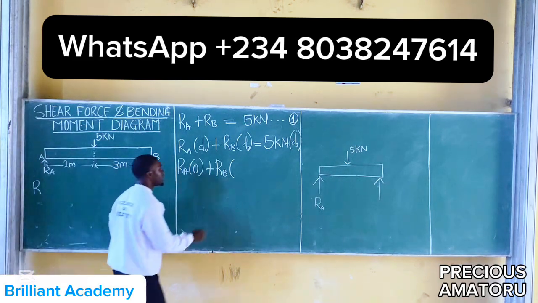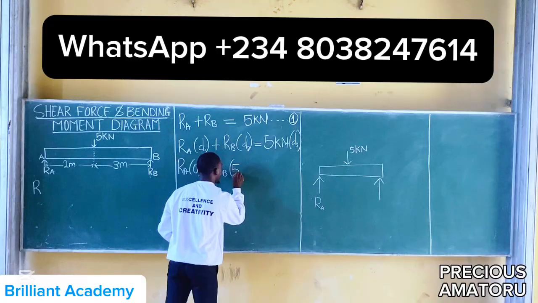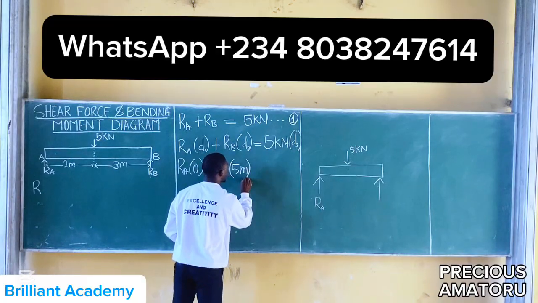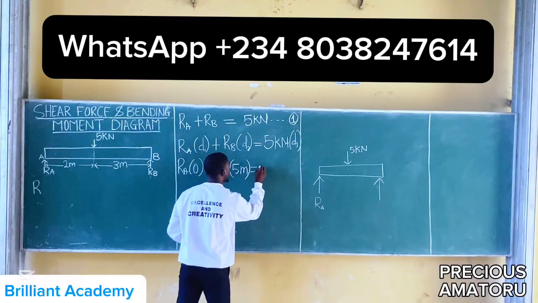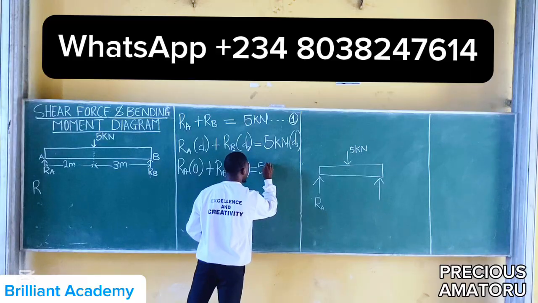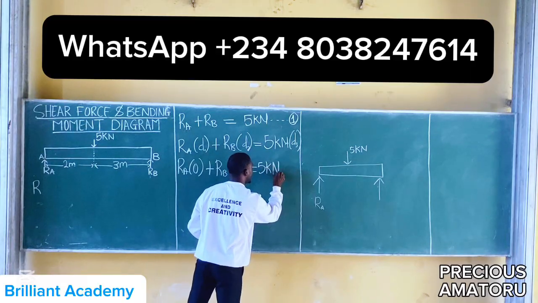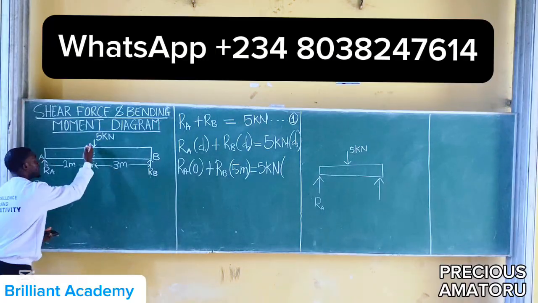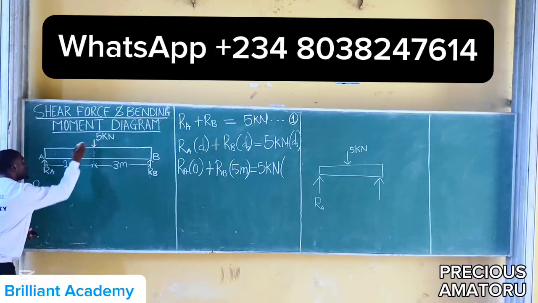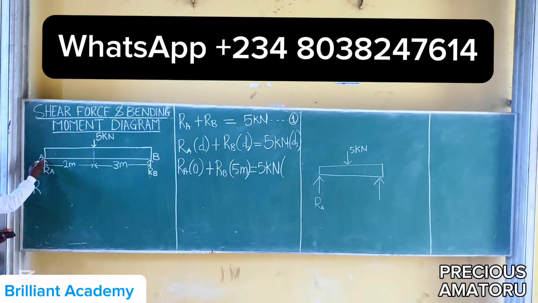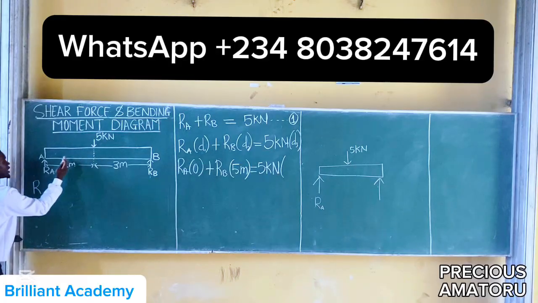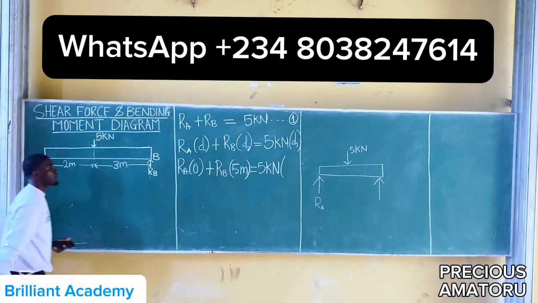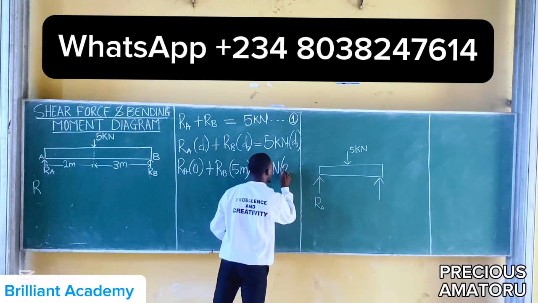So we have 5 meters. This is equal to 5 kilonewton multiplied by the distance from the downward force to the point where we are taking the moment. It's from this point down to this point, which is 2 meters. So we have 2 meters here.